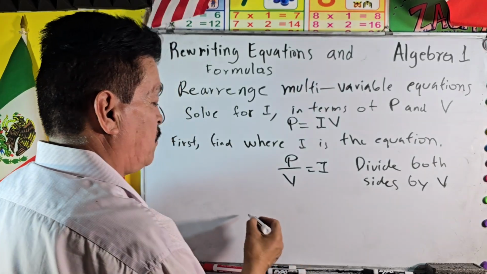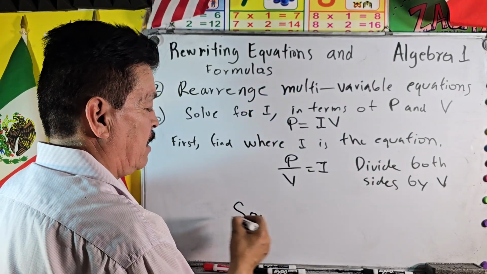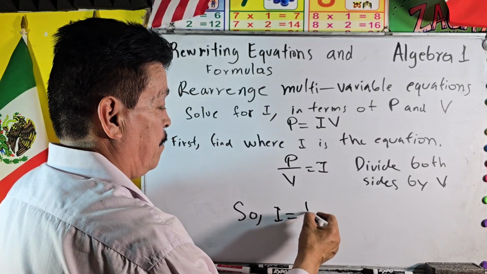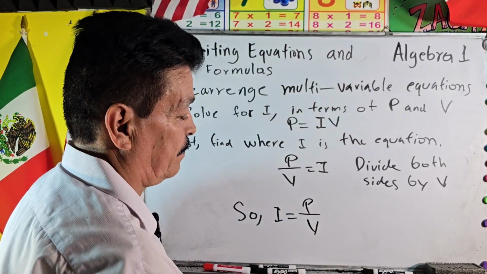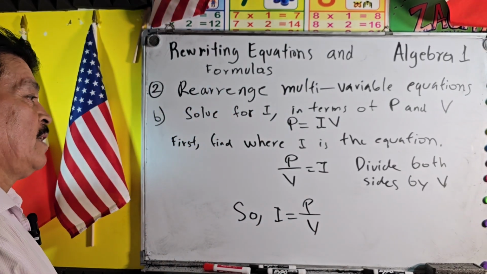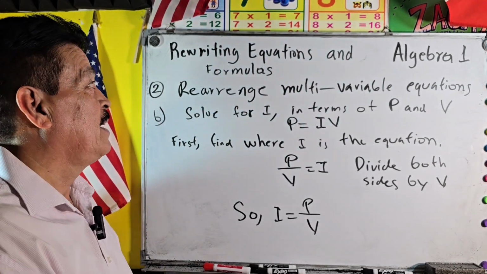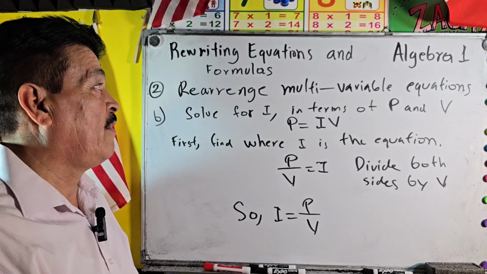So the answer, you can write it this way. The answer of I is equal to P divided by B. So that's it. Very simple. Our class, rewriting equations and formulas.